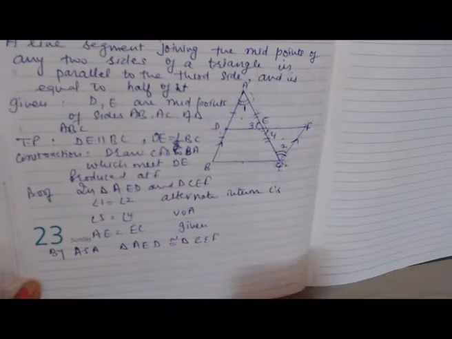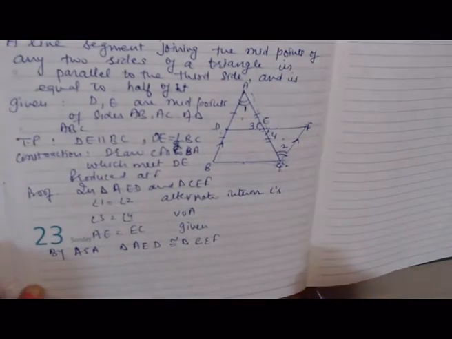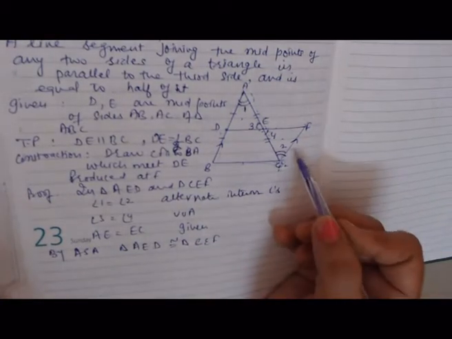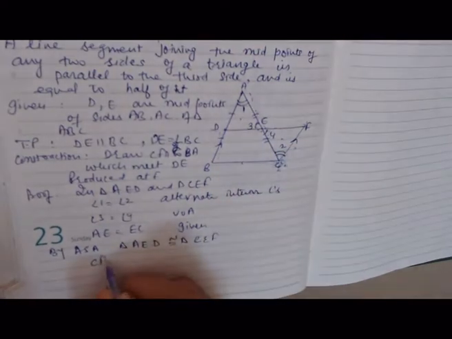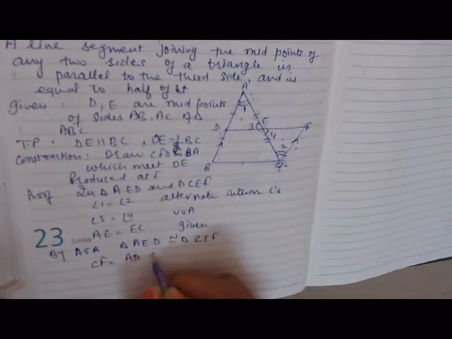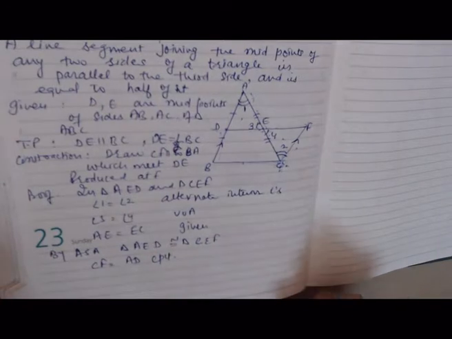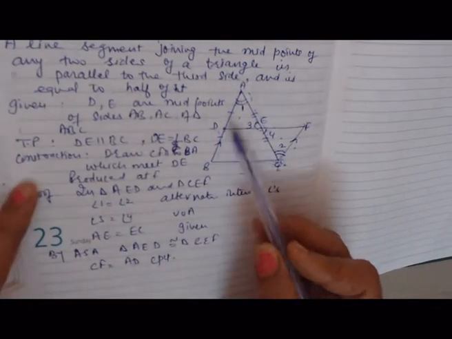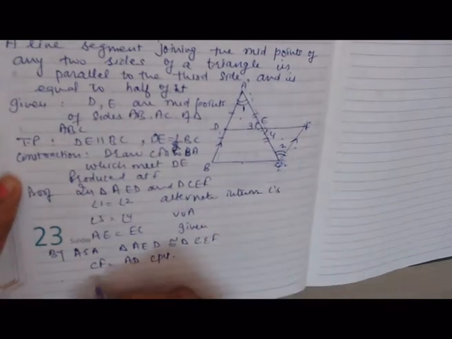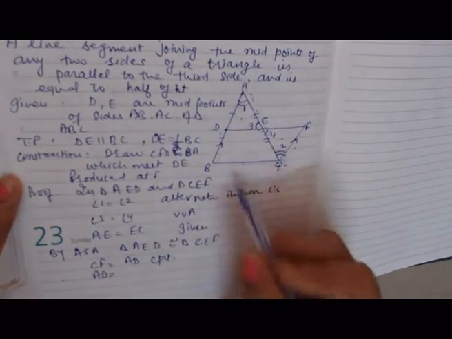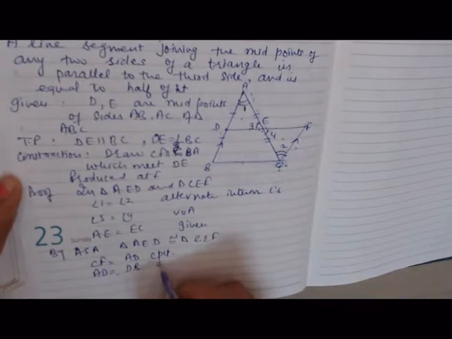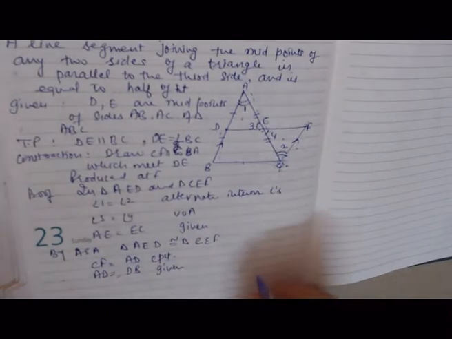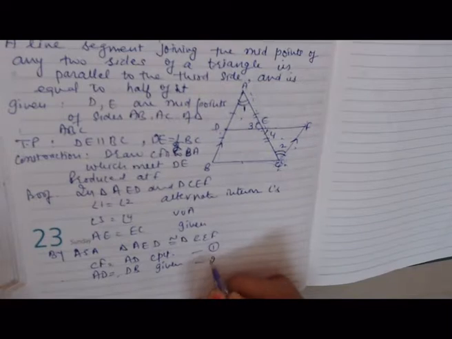So these two triangles are congruent. By CPCT we get CF is equal to AD, and given that D is the midpoint of AB, AD is equal to DB, that is given to you. Now name these as 1 and 2.